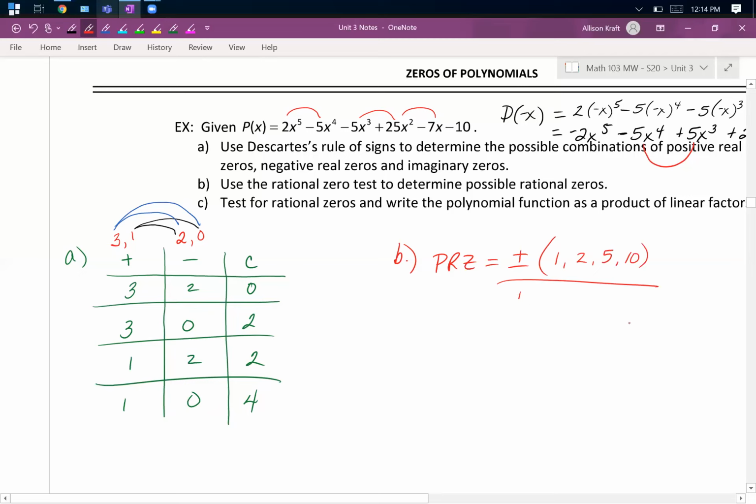And then we divide that by the factors of our leading coefficient, only factors of 2, or 1 and 2. And then we want to clean up this list. We know that a plus or minus divided by a plus or minus results in a plus or minus. And now we want to do every possible combination. So I'm going to take each one of these numbers over 1, and then I'm going to take each one of these numbers over 2.